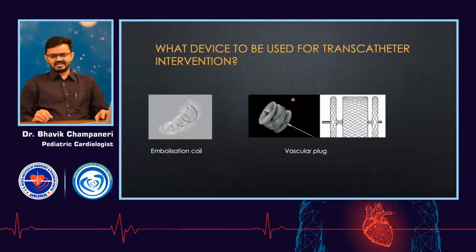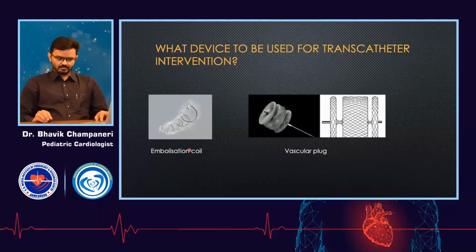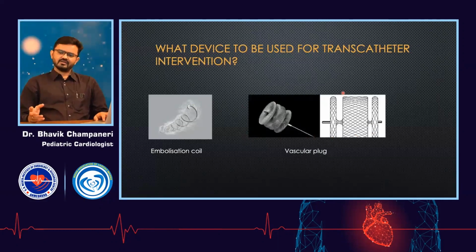So coming to devices, these are the most common two devices used in transcatheter closure of portosystemic shunt. This is an embolization coil. This coil is used for shunts which have a narrow fistulous connection, and this is a vascular plug, which is useful in patients with a narrow fistulous tract as well as a large fistulous tract.